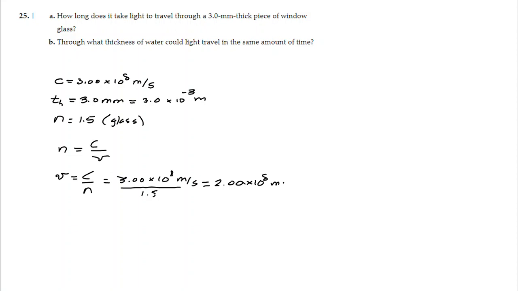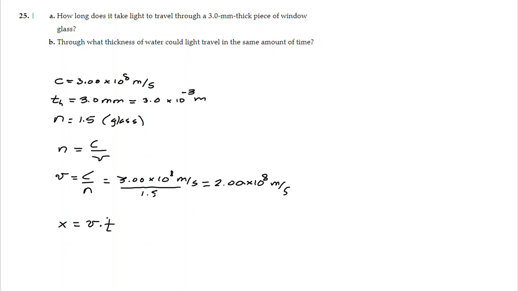With this speed of light in glass, we can now, using a very basic equation from kinematics, find the time it takes the light ray to cross this 3 millimeters piece of window glass. The distance is equal to v, the speed, times the time, a basic equation of kinematics for uniform motion.